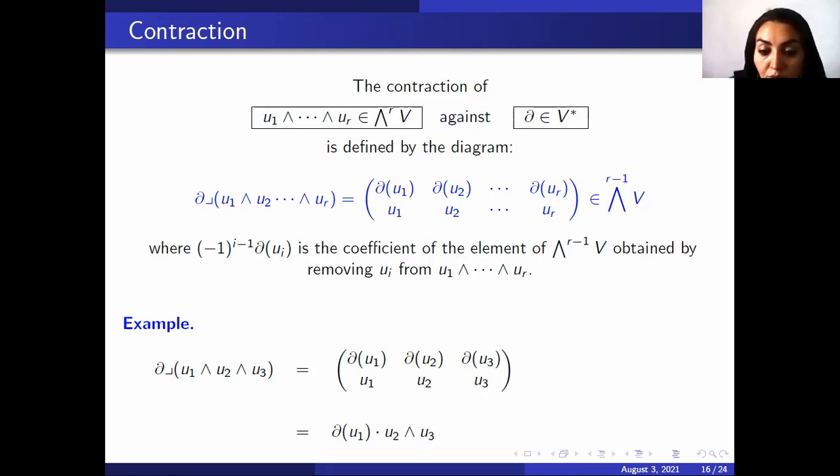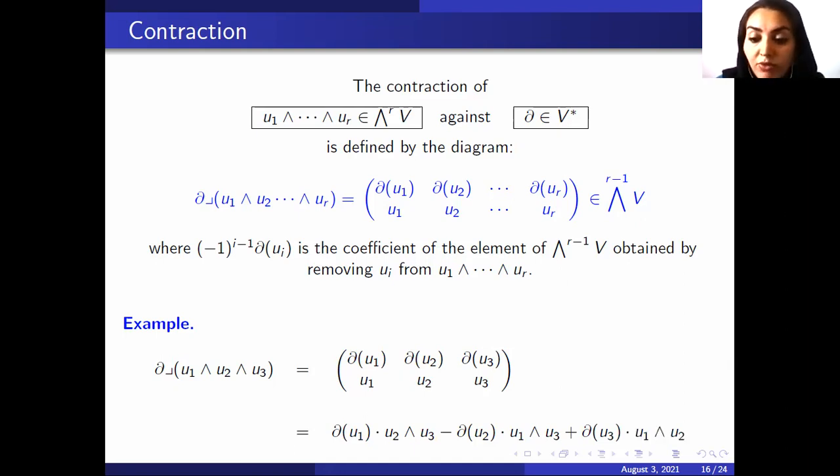What you get is U2 wedge U3. Then you have minus delta U2. You eliminate the first row and the second column. What you get is U1 wedge U3. And then finally, you have delta U3. You eliminate the first row and the last column. What we get is U1 wedge U2. This is what we mean by contraction, an element of exterior algebra against an element of V star.